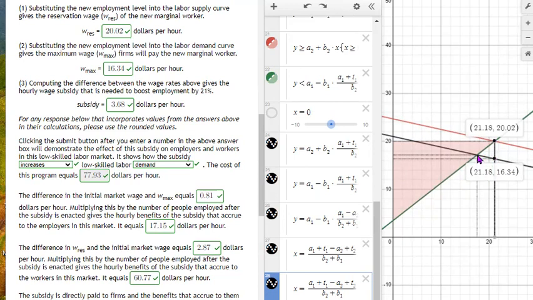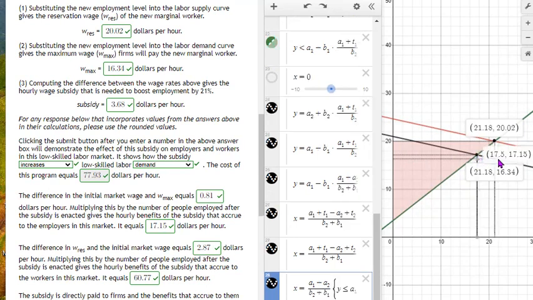That increases the worker surplus by the trapezoid that's between this dashed line here and this dotted line here, down the labor supply curve. That's how much worker surplus increases by. This was the original market wage, $17.15, and the original employment level is 17.5, right?